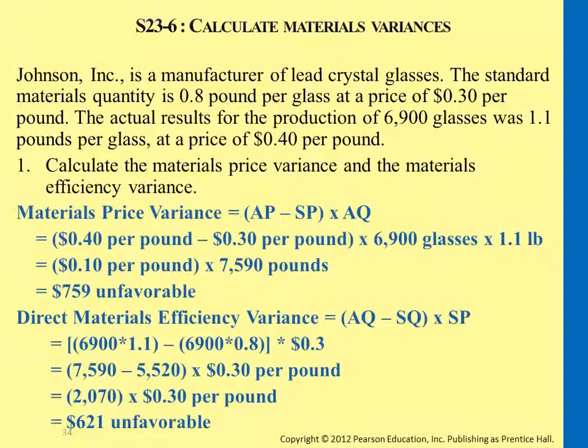For each glass, we expected to spend 0.8 pounds, but at the end we actually used 1.1 pounds of materials. So the difference is 0.3 pounds of materials at the standard price. Overall, this cost us more than we expected, $621.